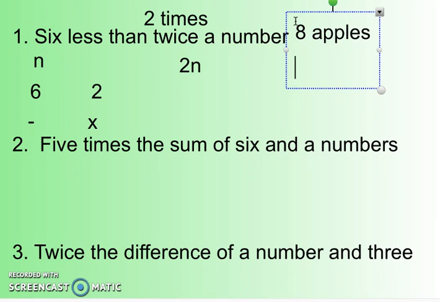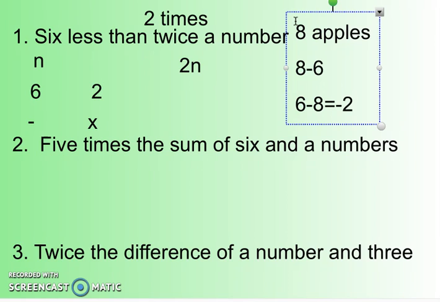I hope you would say you would have 2 apples left, and in order to get the 2, you would do 8 minus 6. Why does the minus 6 have to go second? Well, if you put 6 minus 8, that is not the same answer. That's actually getting into the negatives. It's -2. But you told me that there would be 2 apples left. So minus 6 would have to come second.